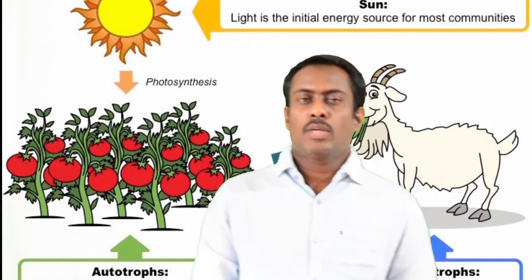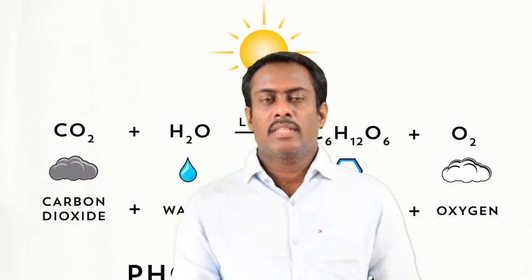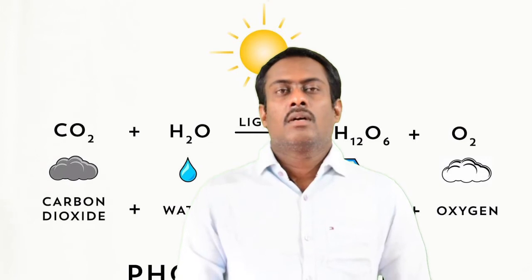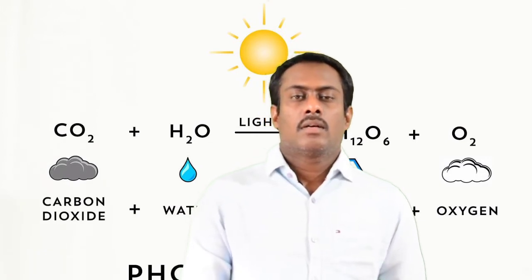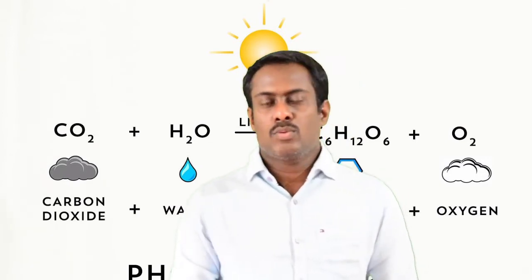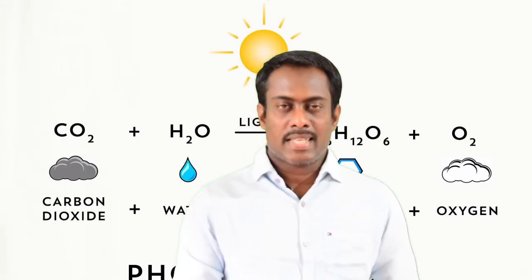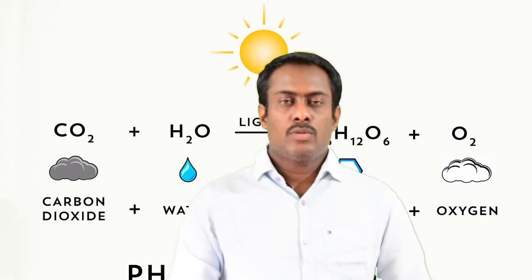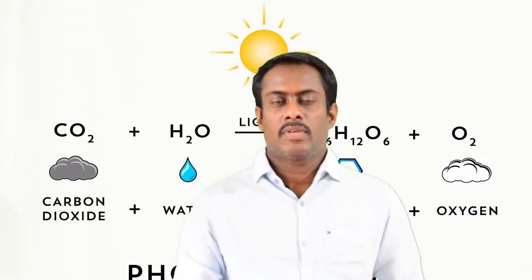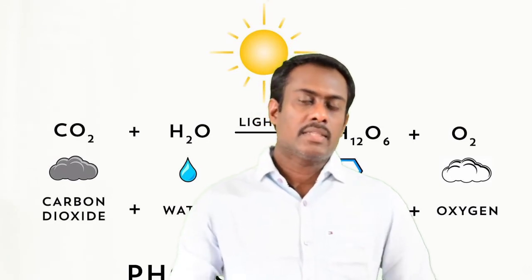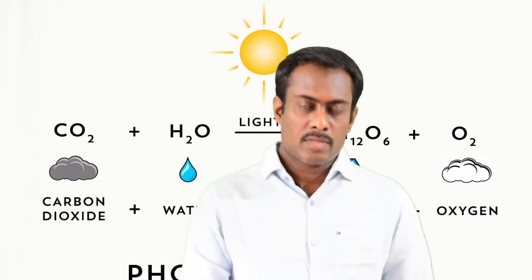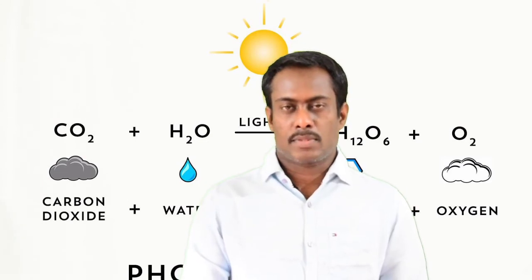The energy molecules that the autotrophs store in their bodies or cells have to be broken down into simpler molecules. Only then can they be converted into energy by other organisms like heterotrophs.